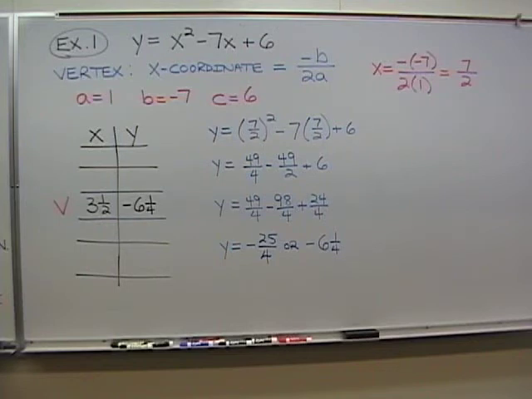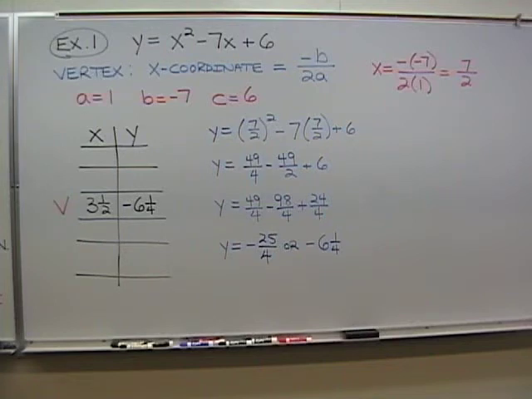All right, now that we have the vertex, we need to find the 4 other smart values for x that will allow us to graph the parabola that represents our quadratic function. If you remember from lesson 10-1, we have to take the next 2 x values sitting to the right of the vertex and the next 2 x values sitting to the left of the vertex.